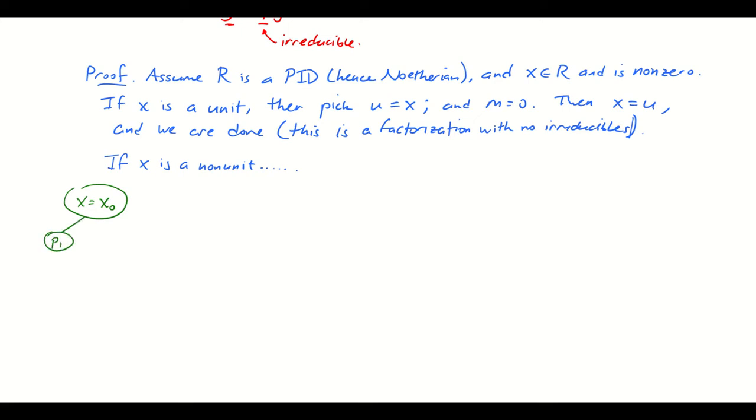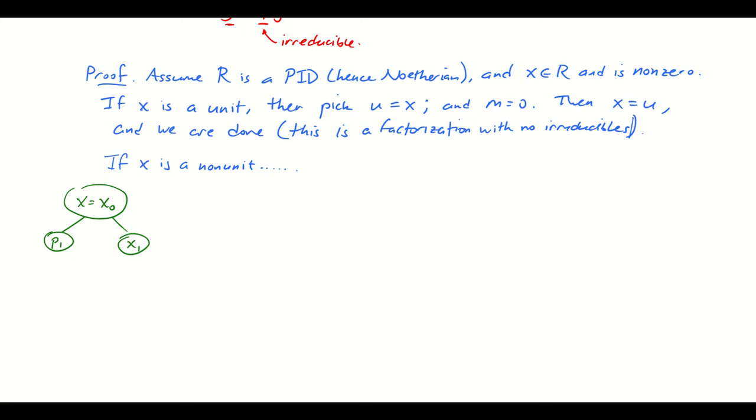I'll call that p1, and then the other factor will be x1. Now it's possible here that x1 is a unit. If x1 is a unit, then that's going to be my u, and p1 is going to be my irreducible. If x1 is a non-unit, then I just make an observation. The observation is the ideal generated by this is a strict subset of the ideal generated by this. And now we start building that chain again.